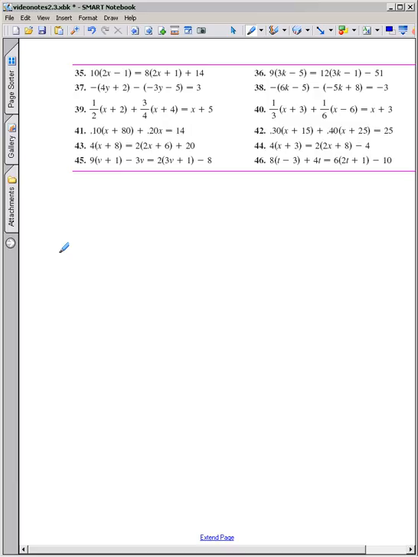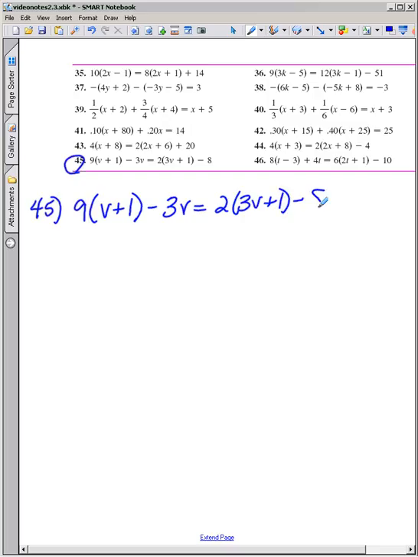Let me see. Let me do number 45 for just a minute. 45 is 9 times v plus 1 minus 3v is equal to 2 times 3v plus 1 minus 8.